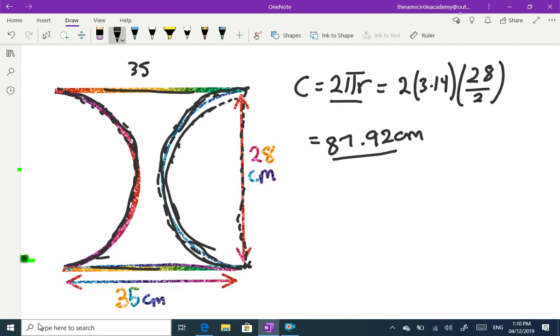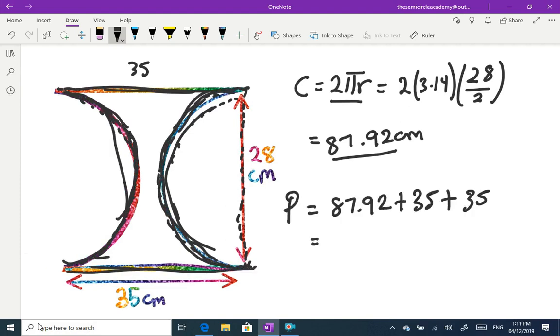And then I have to add this 35, plus this 35, right? And that will give us 157.92 centimeters.